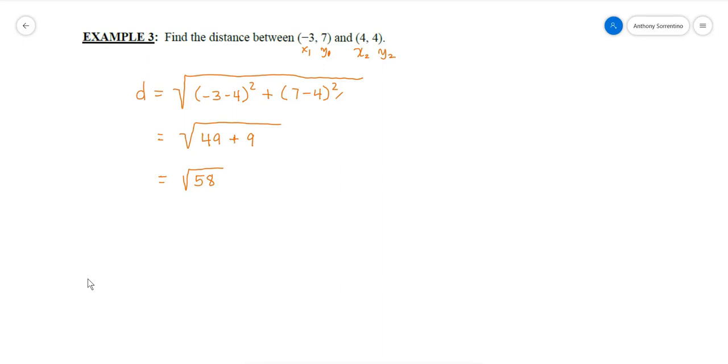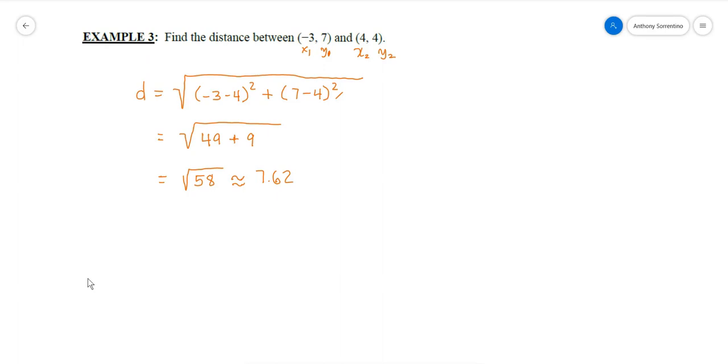There are no perfect squares that would divide out of 58. And so, the best I could possibly do, if I wanted to leave it exact, I'd say the square root of 58. If I want to get an idea what that is, I could approximate it just by doing the square root of 58 on my calculator. And the square root of 58 is approximately 7.62. So these are about 7.62 units apart.